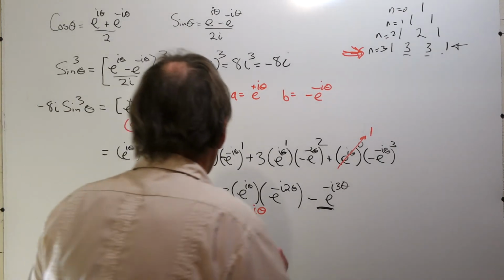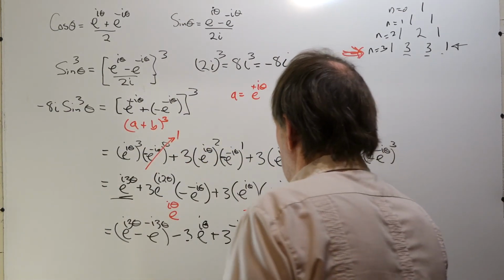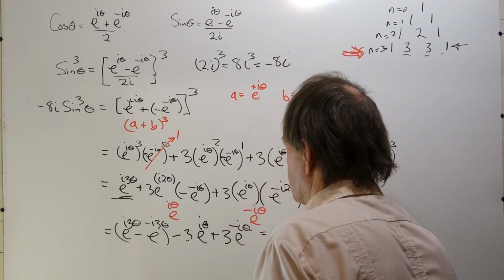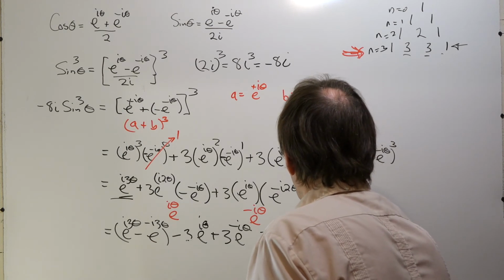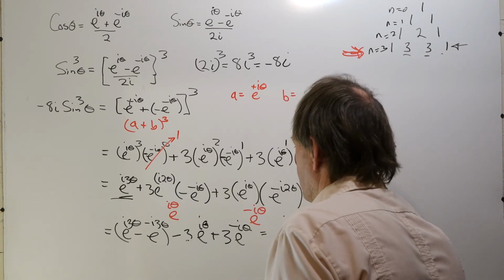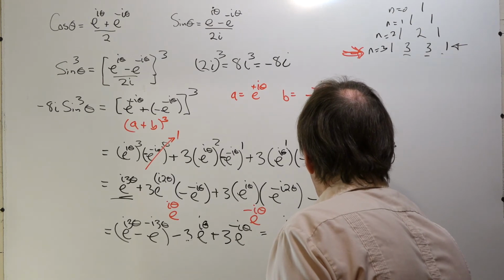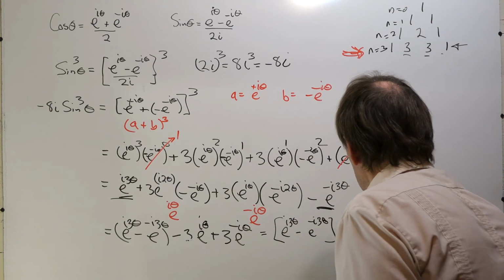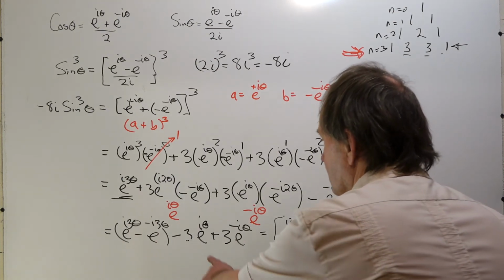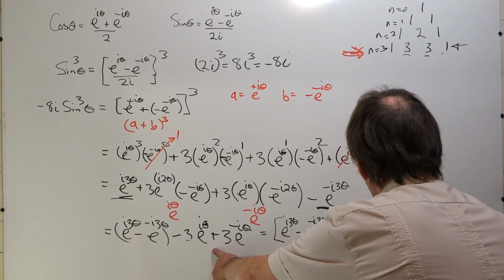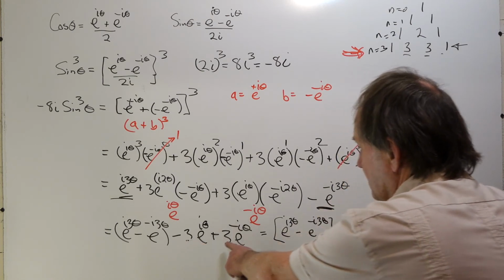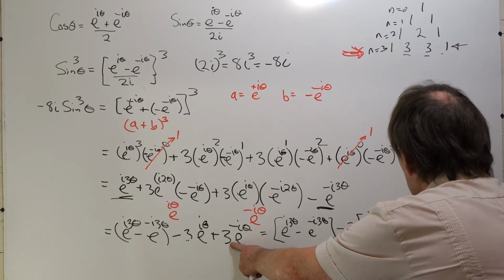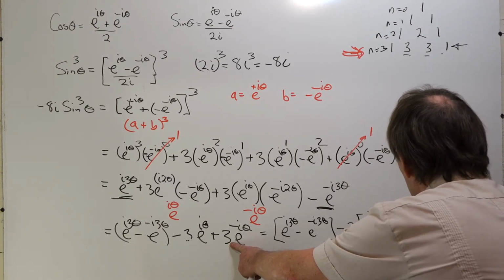Now what we'll do is pull out the minus 3 here and write this as e to the 3i theta minus e to the minus 3i theta minus 3 times e to the i theta. Then a minus gives us a plus, so this becomes minus e to the minus i theta.